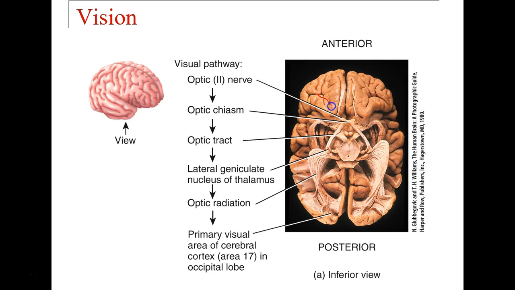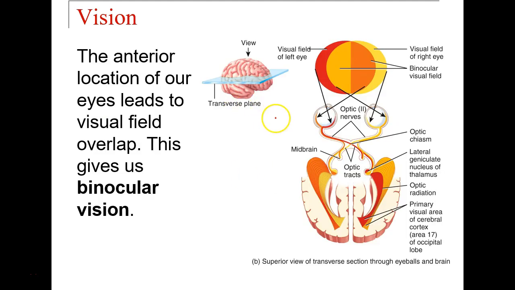So here the optic nerves would be seen here. This is the optic chiasm. You will see some crossover as well into the optic tract, through the thalamus, optic radiations into the occipital lobe. Okay, so our vision is binocular.